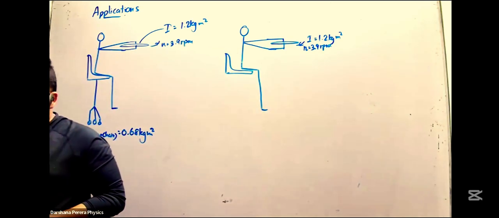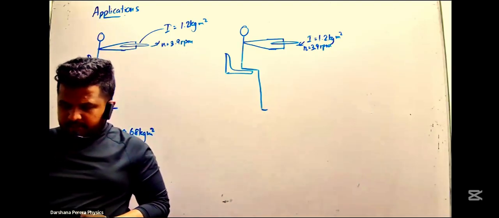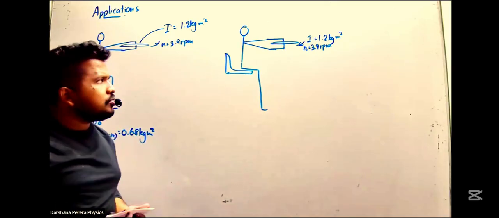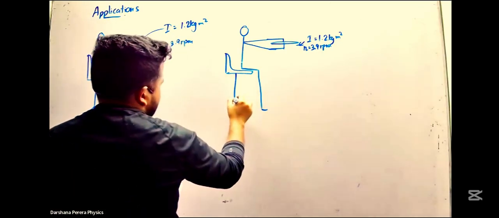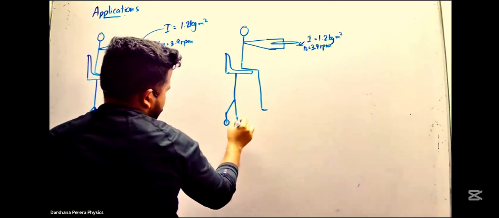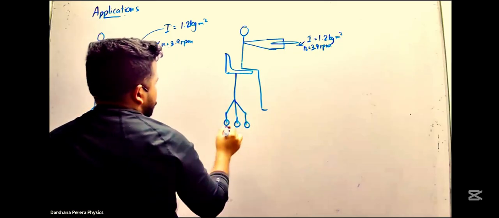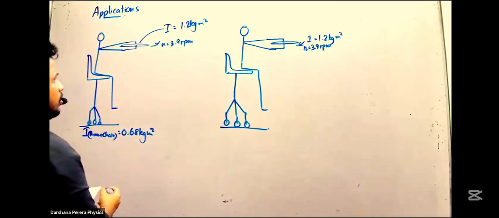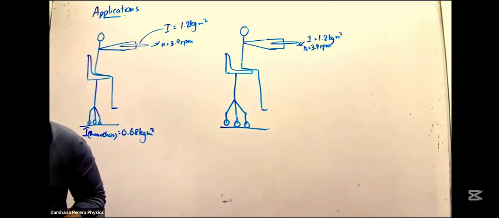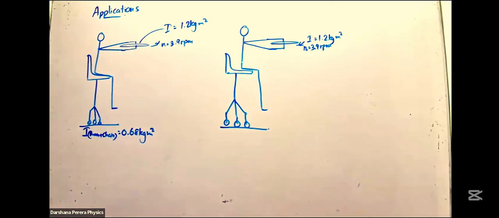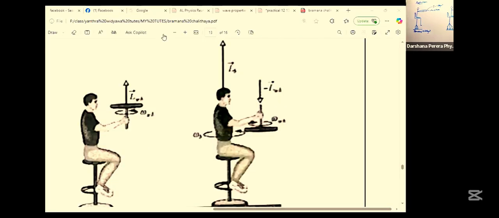The chair rotates with the man. This is the problem. If you cannot get the diagram, it's like this. This is the diagram.